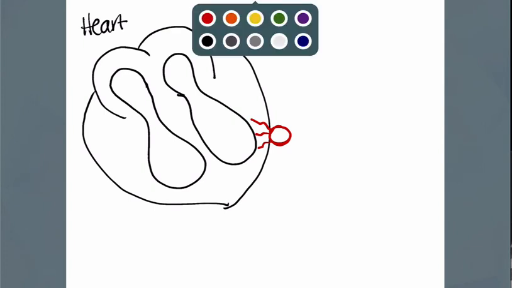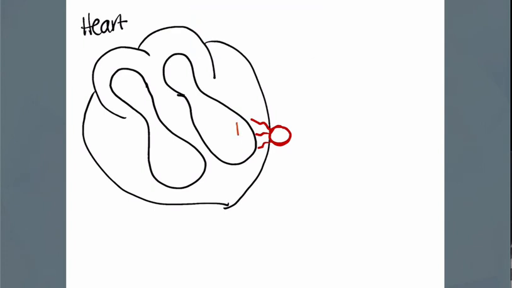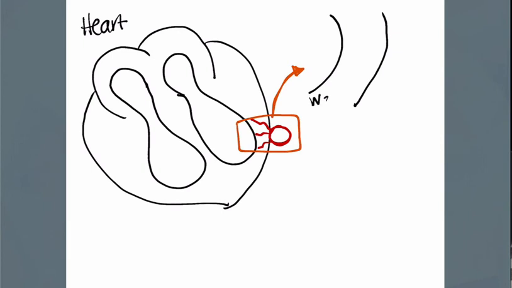So I'm going to zoom in on this. Here is the ventricle wall. This is the ventricle here on the inside. And here is our coronary vessel.